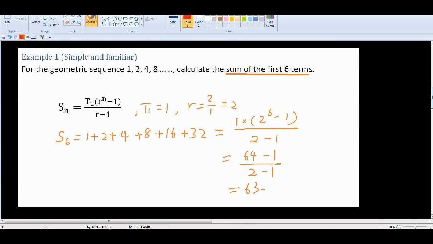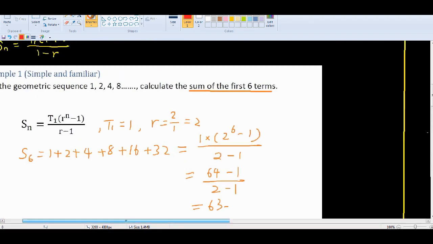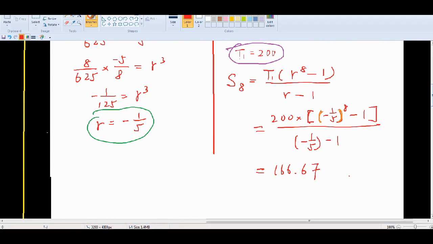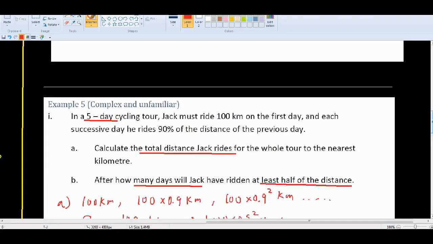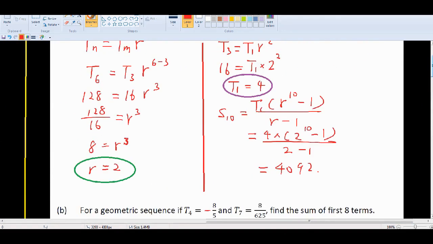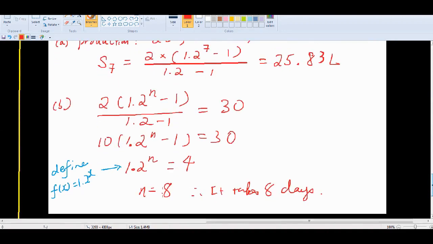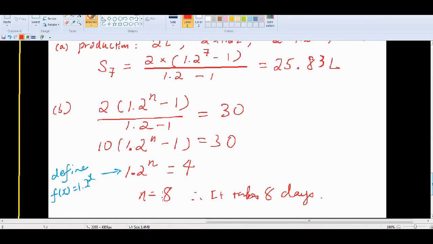The main challenge will be the case where you need to find the power n, like the question here. That would be the complex familiar or complex unfamiliar. The next video will be about the infinite series of geometric sequences. Okay, see you next time.